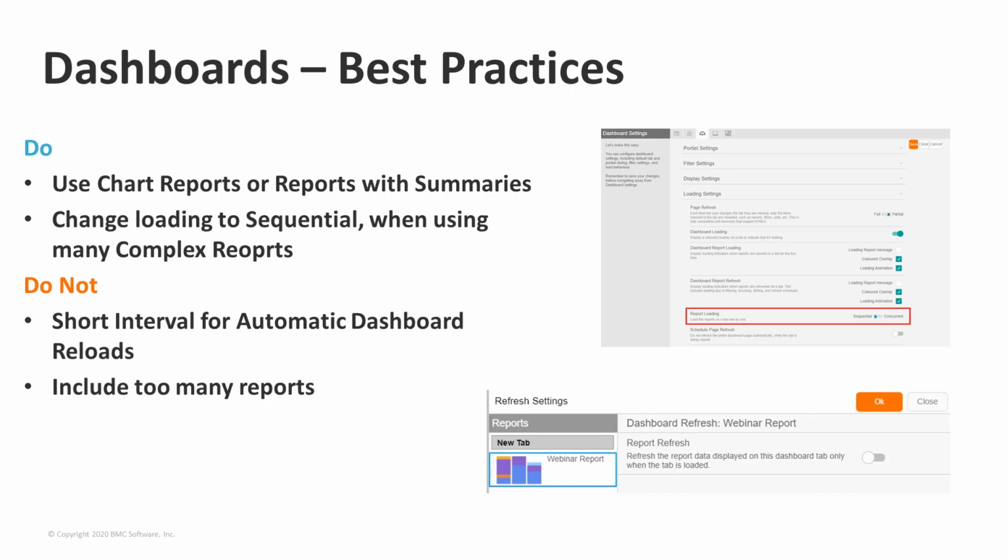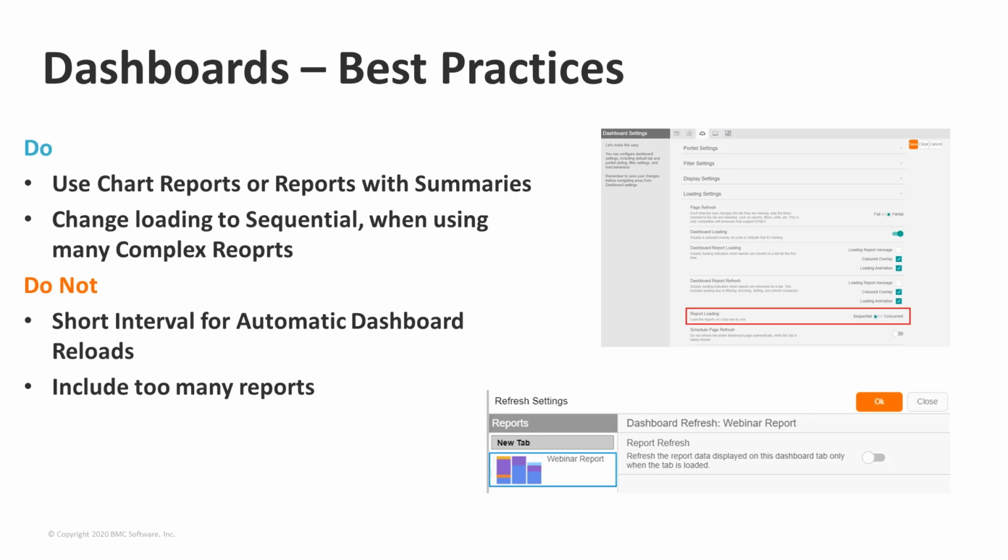If you're using a complex report that takes some time to load, what I recommend is to change the load to sequential. This will reduce the load on the database, as it will load the reports one by one instead of all of them, which is the default behavior.